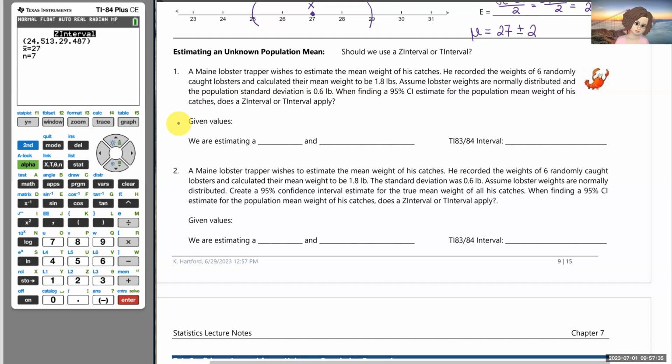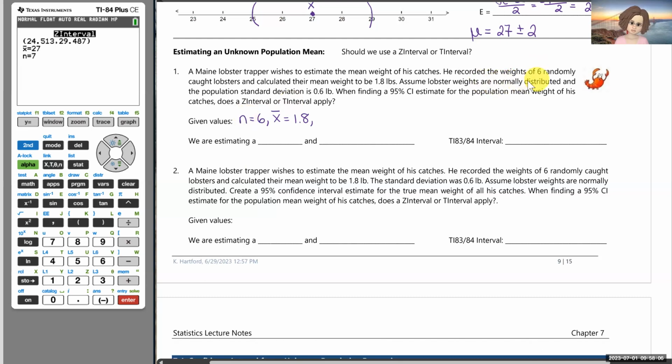All right, so the given values, n is 6. And the mean was calculated for those 6 lobsters to be 1.8 pounds. And a note here, as above as well, it said that assume our variable lobster weights are normally distributed. So that's a requirement for Z or T when we have a sample size that's under 30, so small sample size.